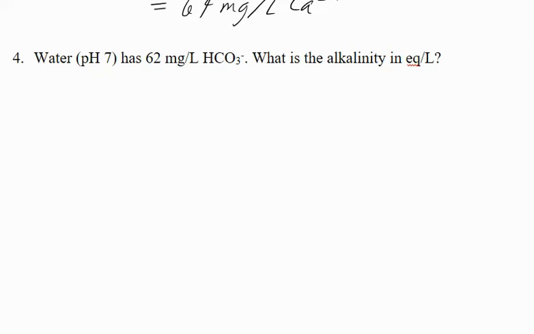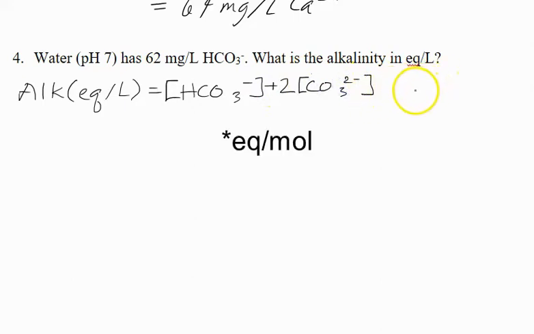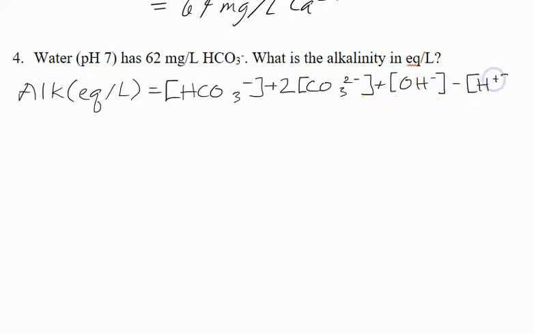So to start off, we're going to remember that alkalinity equation, where, let's say, alkalinity, I'm just going to write alk, in equivalents per liter is equal to the concentration of bicarbonate, and I'm going to leave out that 1 equivalent per liter for the sake of fitting everything on one line, plus 2 equivalents per liter times the concentration of carbonate, plus the concentration of hydroxide, minus the concentration of hydrogen ion.